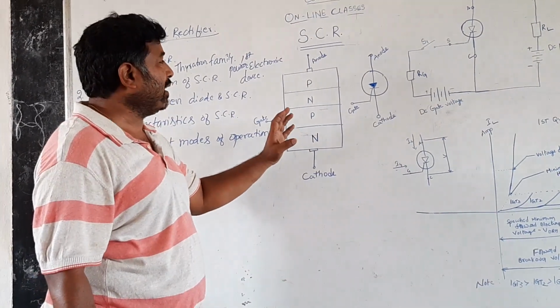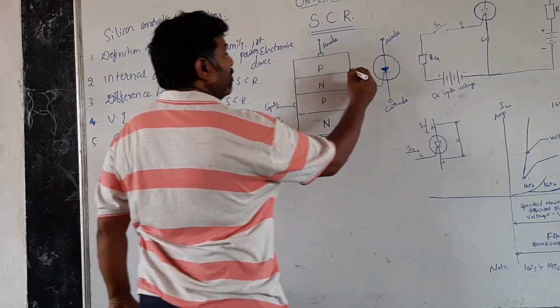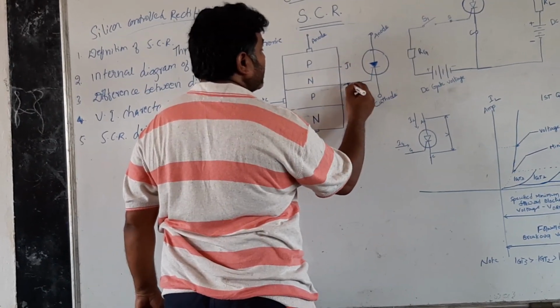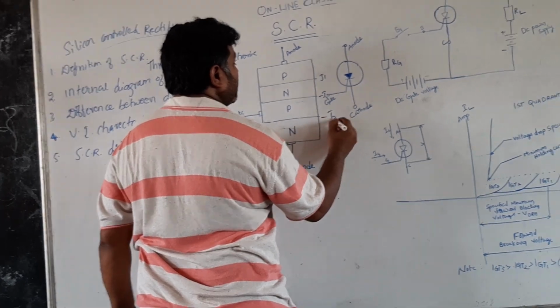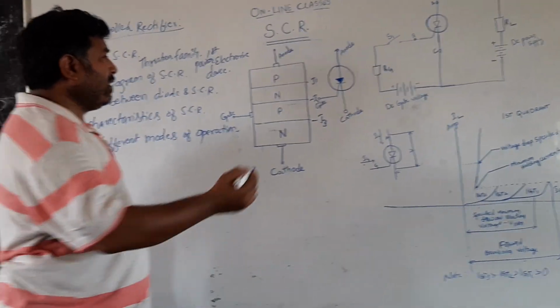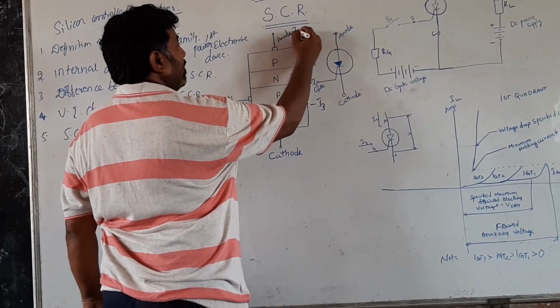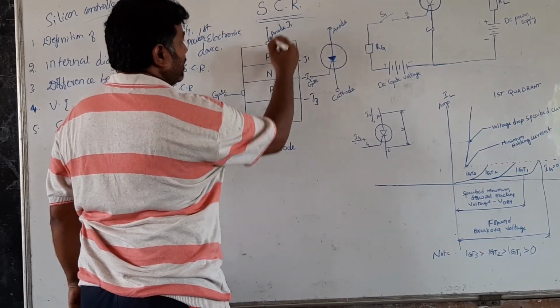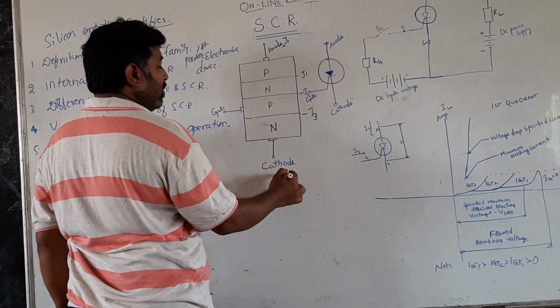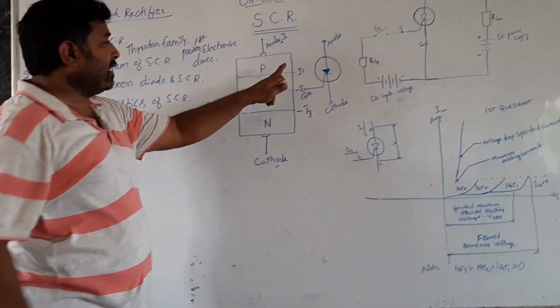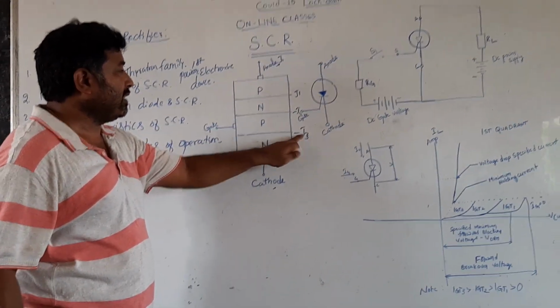We have three junctions, namely junction 1, junction 2 and junction 3, and the terminals anode, cathode and gate.